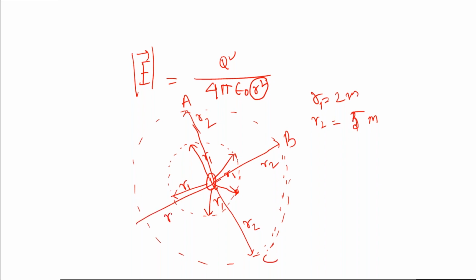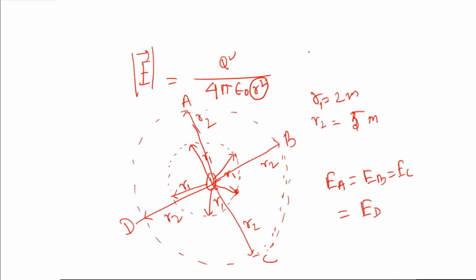If I say this is A point, this is B point, this is C point, and this way, this is also R2 distance away, this is suppose D point. So the field at A, B, C and D will be the same. Do you agree or not? Because it is just depending on 1 by r square, and I have the distance same on this particular sphere.